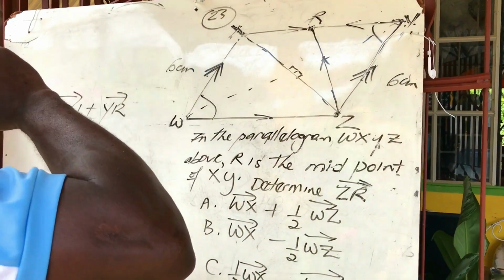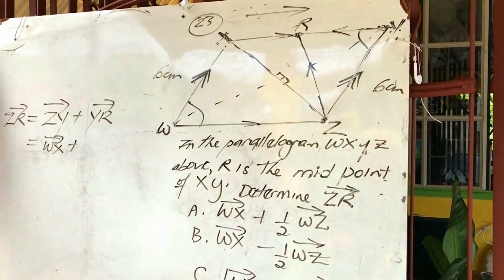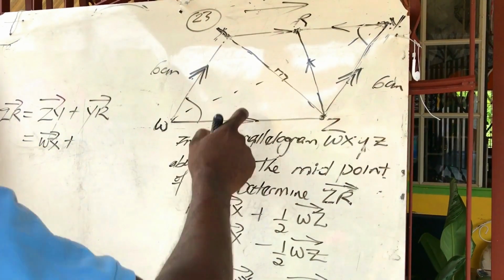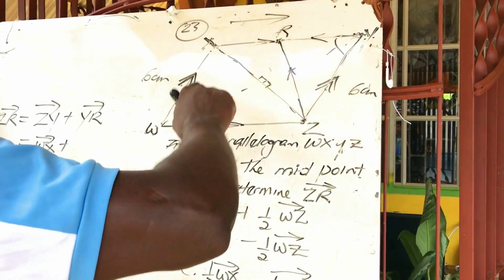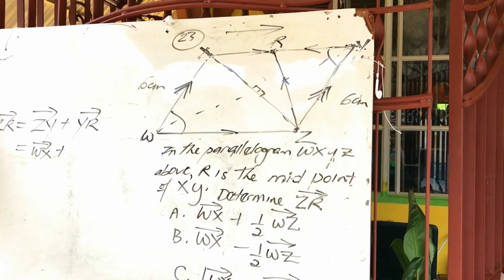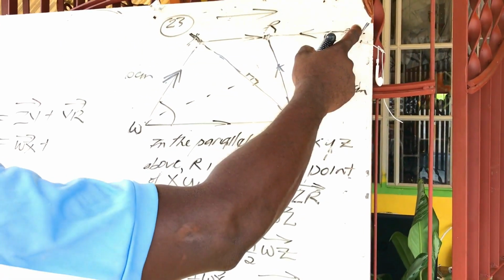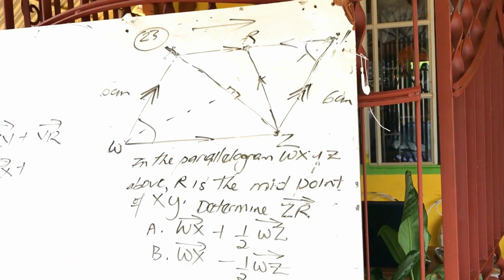Now let us examine something. We know that vector XY, going in that direction, is the same thing as vector WZ, which is going also in the same direction. So vectors XY and WZ are equal vectors. They are basically the same. Now, if R is a midpoint of XY, then R is also the midpoint of WZ.